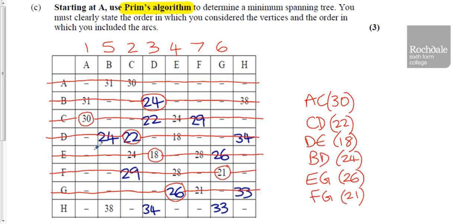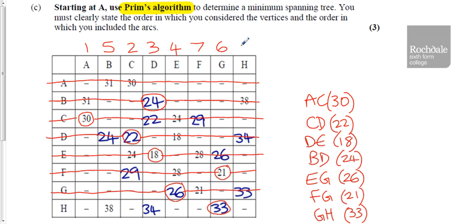And finally, there's only H left to bring into the tree. Looking down all the numbered columns, the smallest number that hasn't been crossed out is 33. And 33 is the edge HG or GH. And there we have the minimum spanning tree.